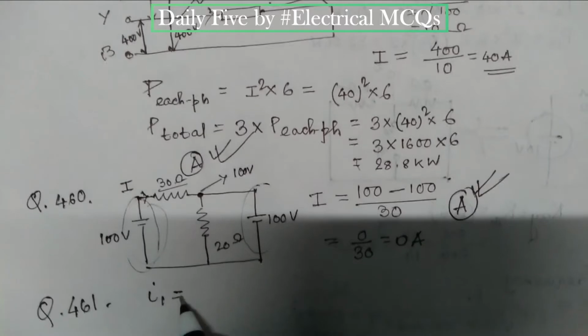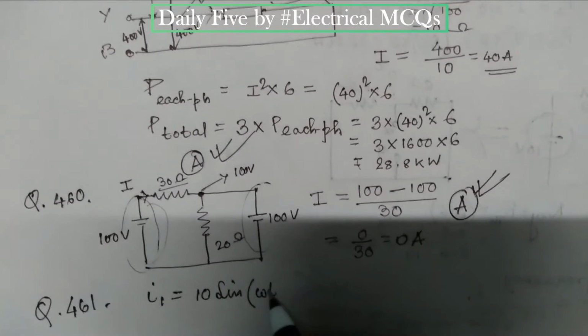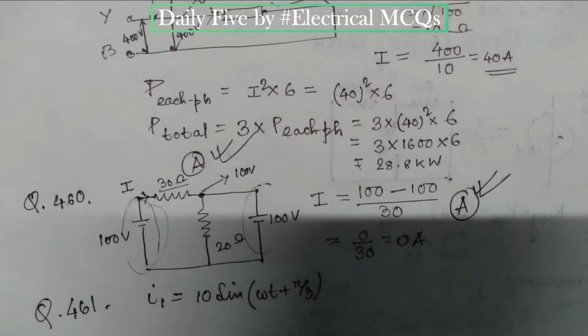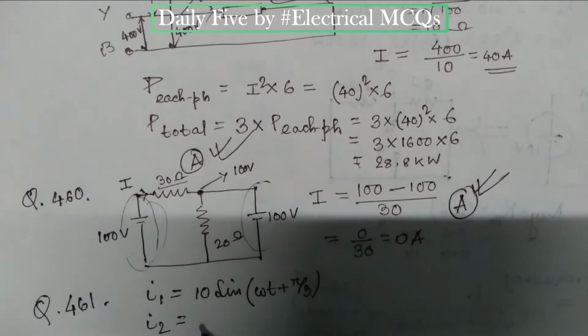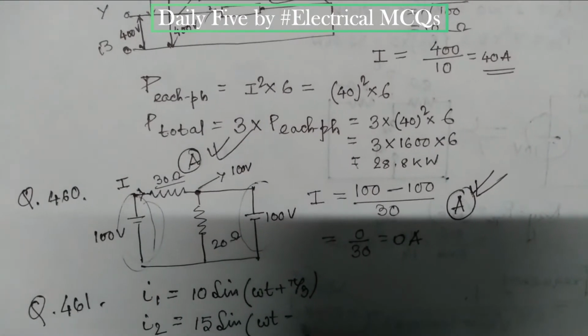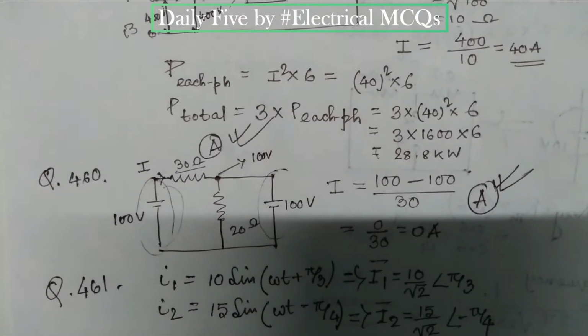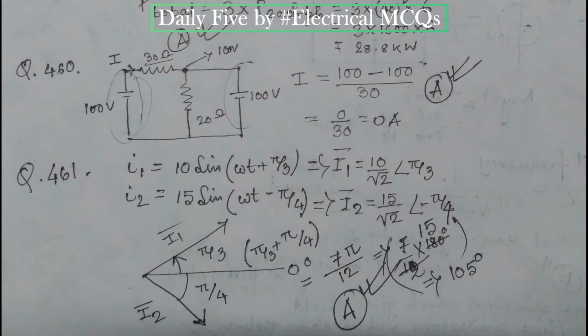So I1 is equal to 10 sin(omega t plus pi by 3), I2 equal to 15 sin(omega t minus pi by 4). So the phasor diagram will be like this. Phase difference between these two currents will be pi by 3 plus pi by 4, which is 7 by 12 into 180 degree, 105 degree. So the answer will be option A.